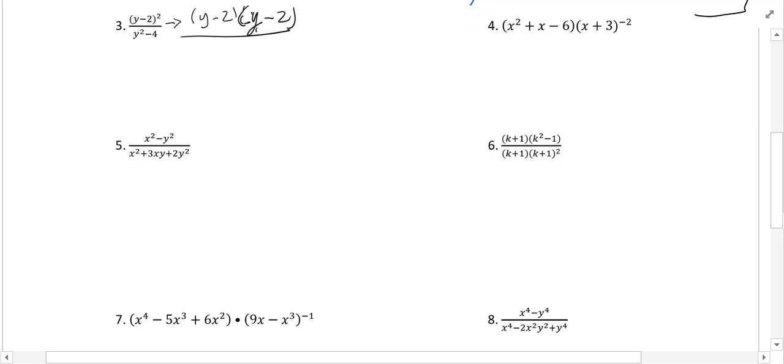This is factorable. This is a difference of squares. So you have y minus 2 times y plus 2. So now that you have this, again, you want to simplify if you can. So this y minus 2 on top is going to simplify with the y minus 2 on the bottom. So what you're left with is y minus 2 over y plus 2.